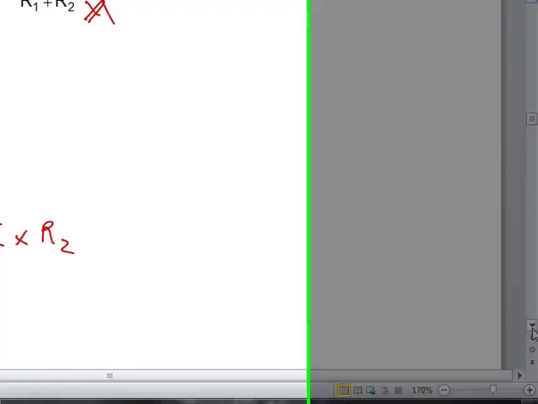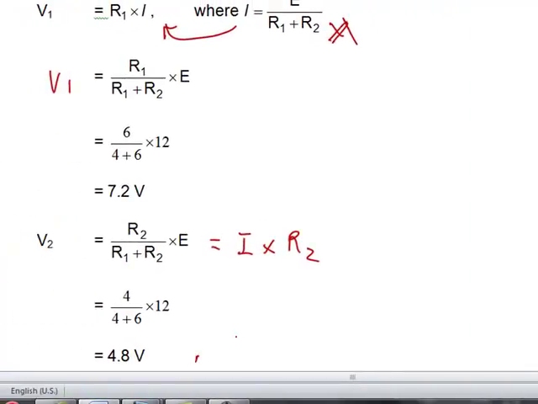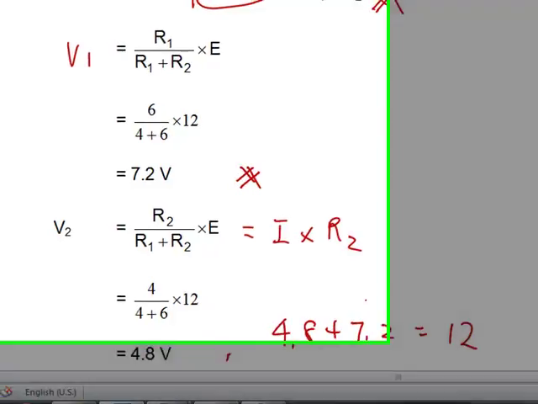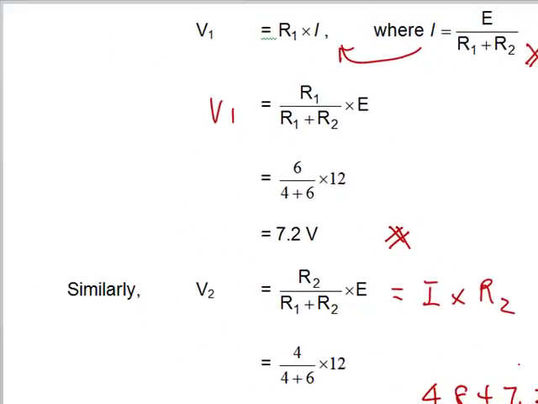In fact, the sum of 4.8 and 7.2 gives you back the total value of 12. Once you have done the first answer, the second answer can be calculated directly by subtracting from 12 volt.